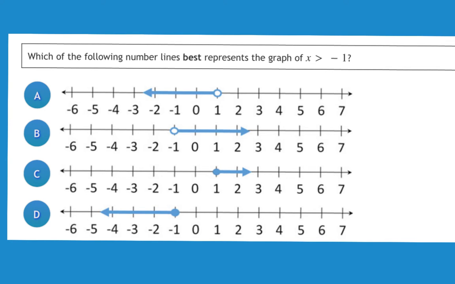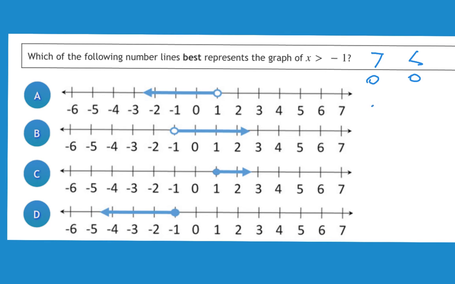In this video, we're going to determine which of the following number lines best represents the graph of x is greater than -1. Before we try to select the correct answer, we're going to go over a couple things that will help you. When you see greater than or less than, those will represent a hollow circle.